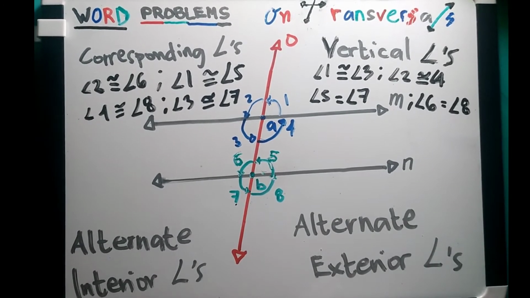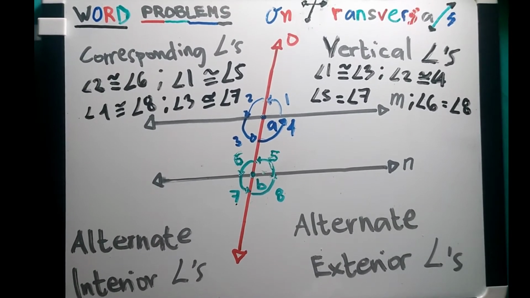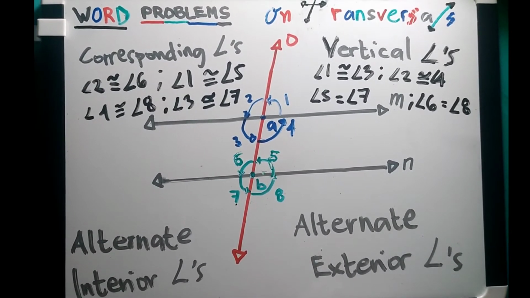What do we mean by alternate? The word alternate is directly opposite to the word corresponding. If corresponding angles are found on the same exact position or location, lying on different points, alternate interior angles are 2 positions adjacent to each other.